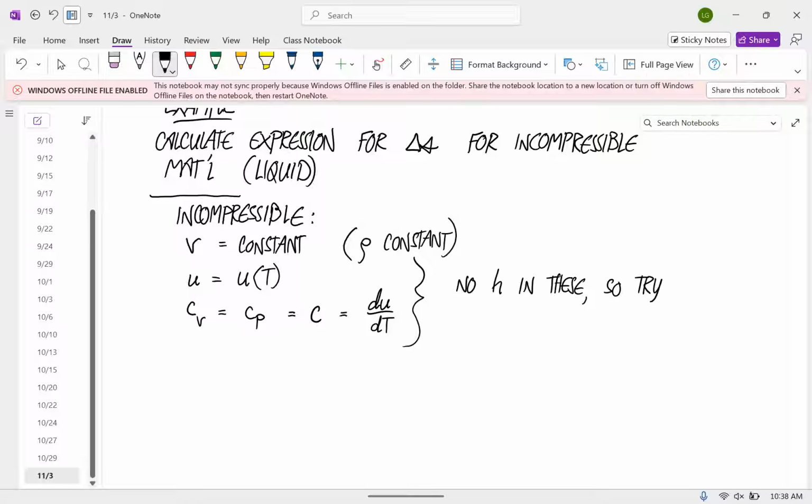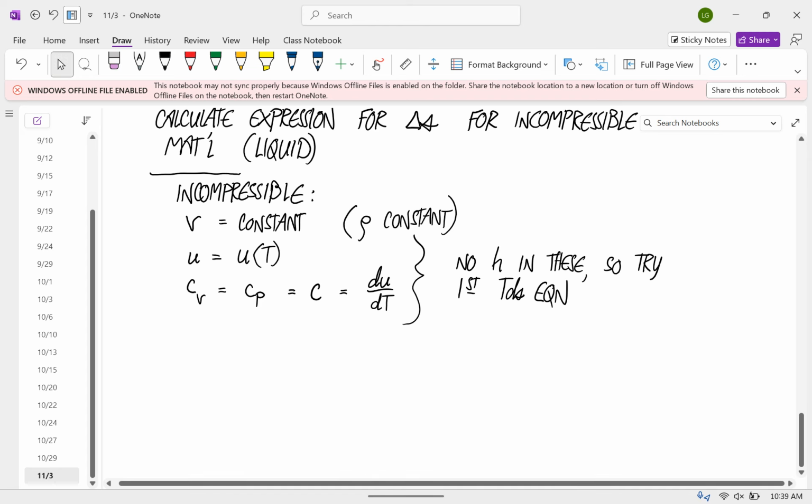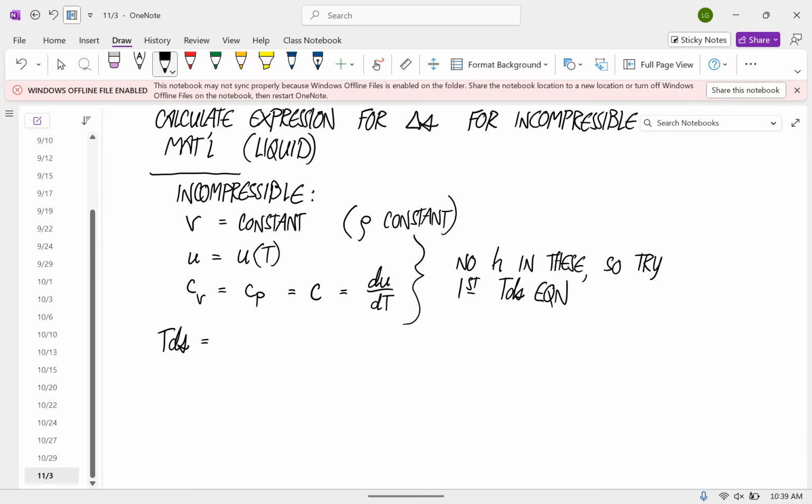So we'll try the first TdS equation. Okay, and so that says that TdS is equal to du plus p dv.